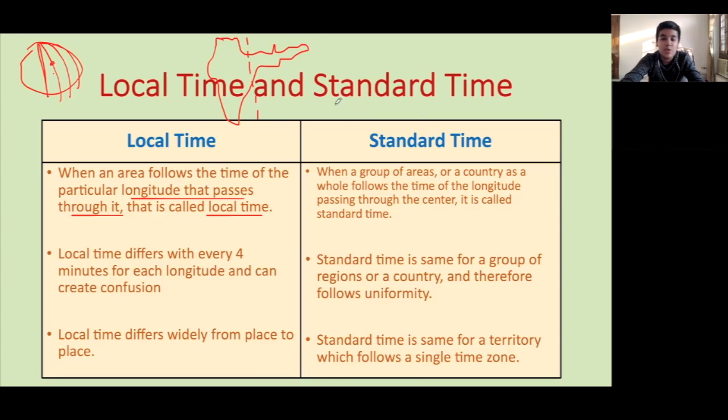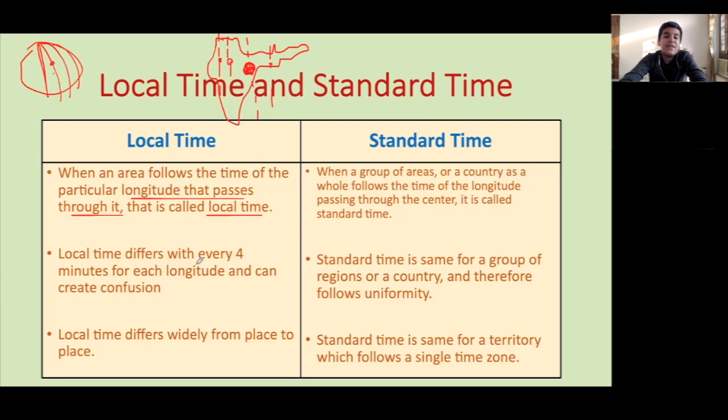And if we compare it with local time, a place over here will follow the time of the meridian which passes over here. A place over here will follow the time of the meridian which is passing through it. On the eastern side also the same will follow. So this is local time, and standard time is when the whole country follows the time of the meridian which passes through the center of the country.